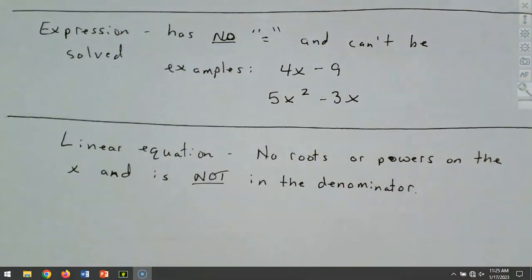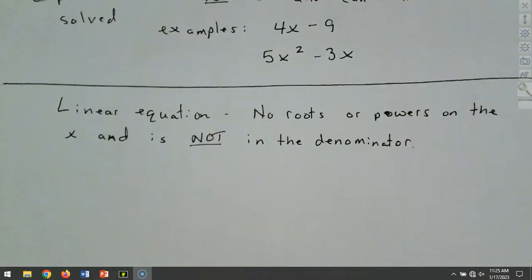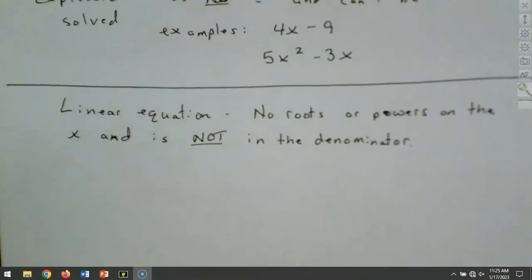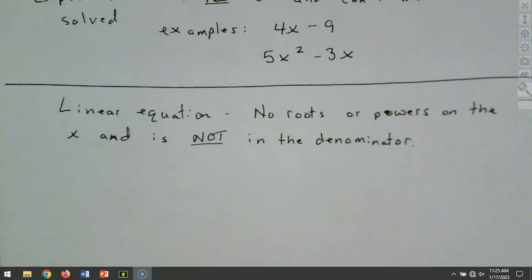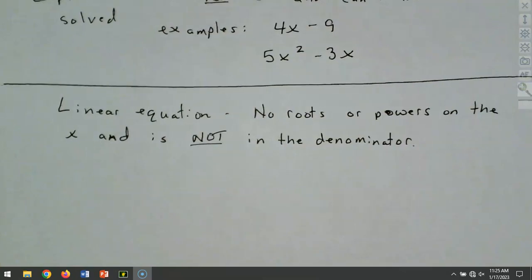So no roots or powers on the x, and x is not in the denominator. Now, everything you've covered in previous courses is linear, for the most part. The last part of intermediate, you might have covered some nonlinear ones, but mostly it's linear.